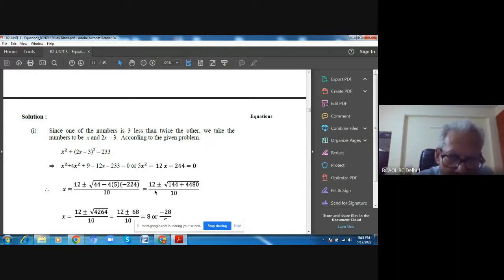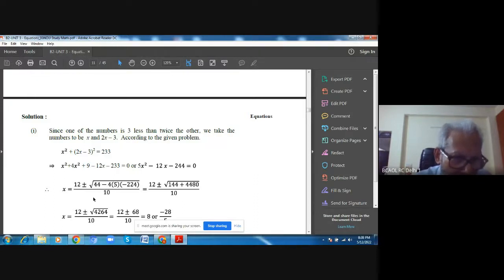And then 4ac will be there, a is 5 and c is 244. This formula comes from x is equal to minus b plus minus root over b square minus 4ac divided by 2a.